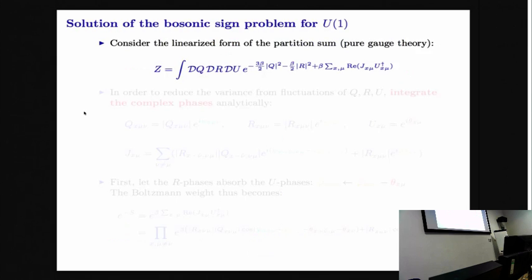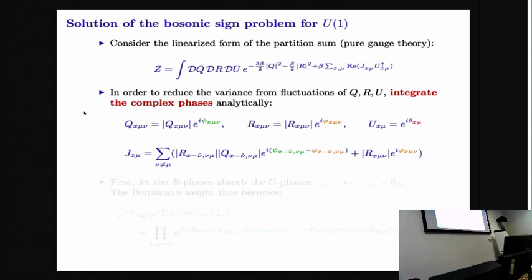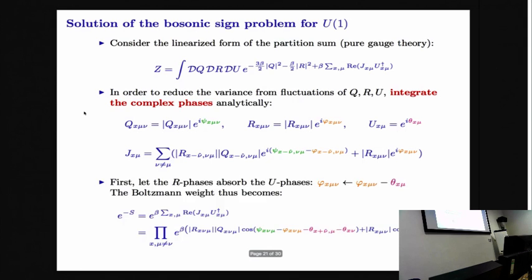So we try to do this. Let's consider just the pure gauge theory, because in the general case this works exactly the same. We factorize the radial and polar part of our auxiliary variables, which are just complex numbers in the U(1) case. Now you have this J quantity as a function of the radial part and the polar part.